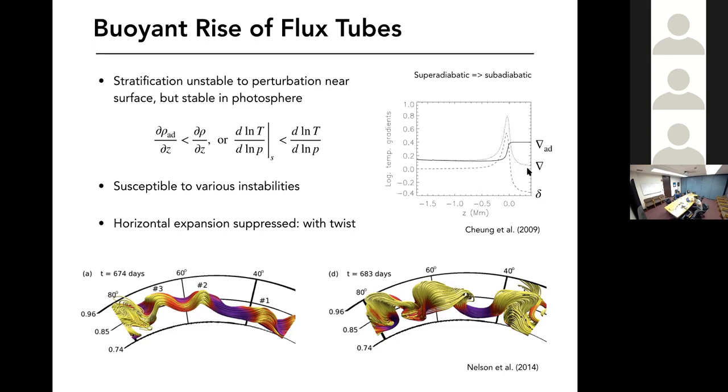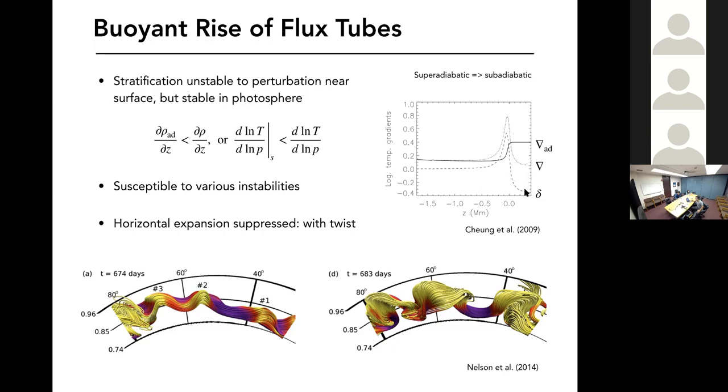So once the flux tube gets disturbed and starts to rise, it will not stop. That is why flux emergence is a natural consequence of the internal stratification of the sun. But the interesting thing here is that once you get through the surface, it becomes sub-adiabatic.